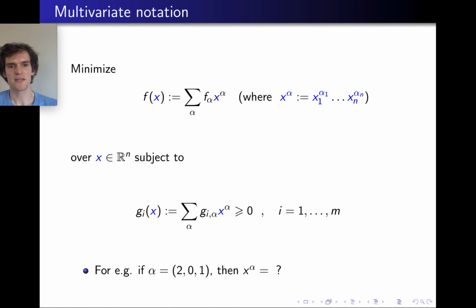So you are minimizing this polynomial over some polynomial inequalities. Recalling the multivariate notation, the monomial x to the power alpha is x1 to the power some integer, times up to xn to the power some integer. So for example, if alpha is equal to (2, 1, 0, 1), what would x alpha be? Well, x alpha is going to be equal to x1 to the power 2 times x3. Okay?